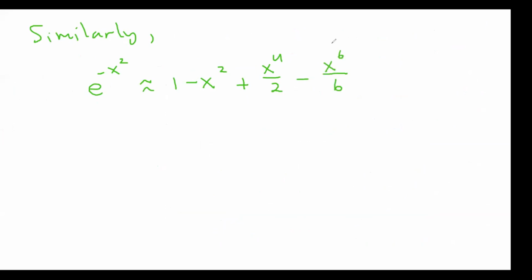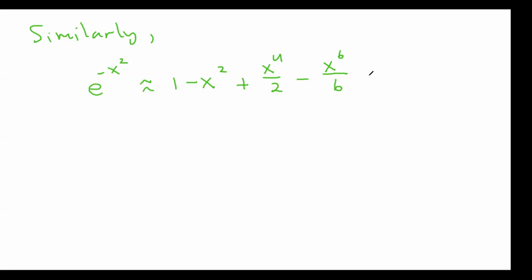Now, you're going to say, why are there those minuses? Well, remember, we are plugging minus x squared in, and when you raise it to any even power, it's positive, but when you raise it to an odd power, it's minus. So that's why I have this alternating thing happening.